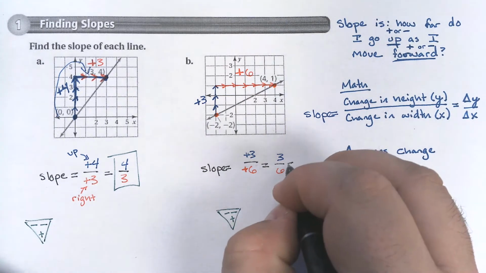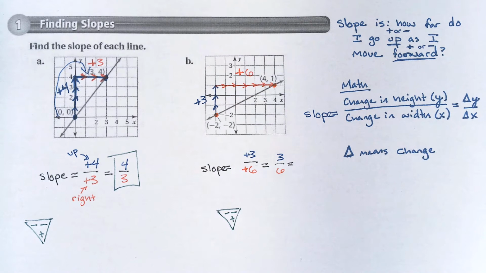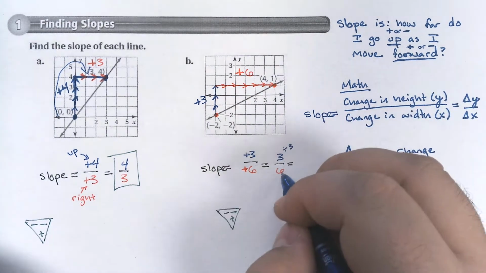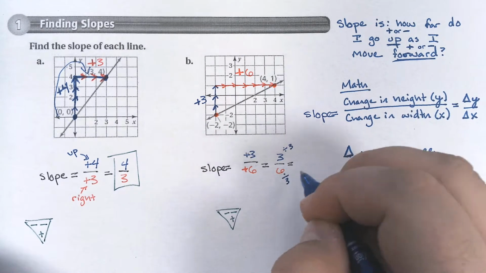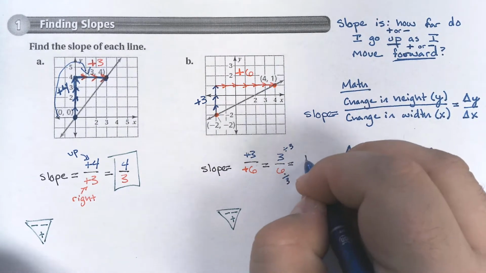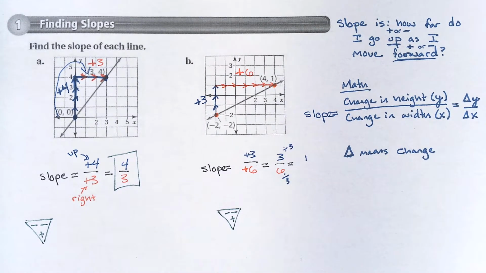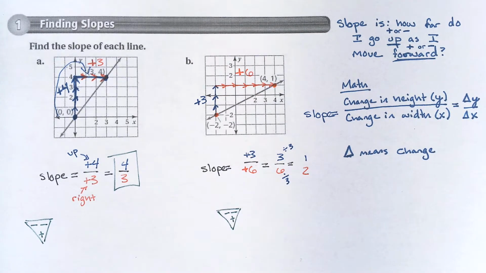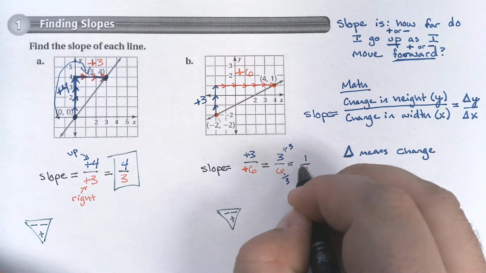I can simplify that, because if I divide this 3 by 3 and the 6 by the same 3, I get 3 divided by 3 is 1. 6 divided by 3 is going to be 2. So my slope is actually going to be 1/2.